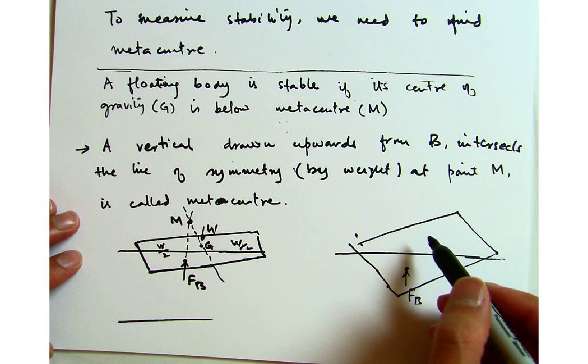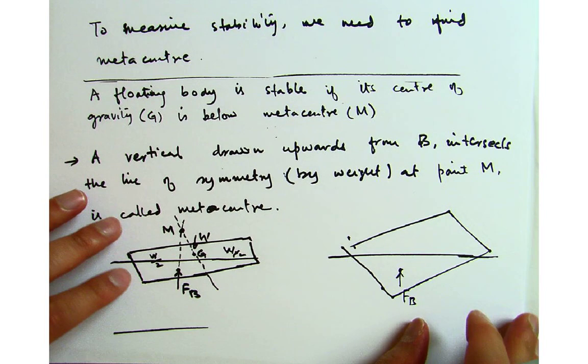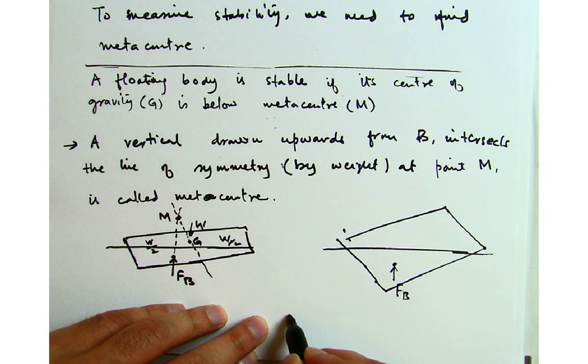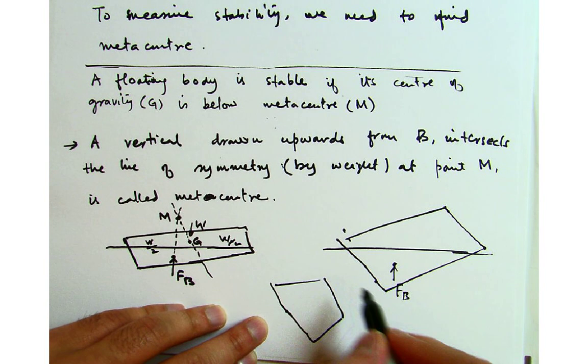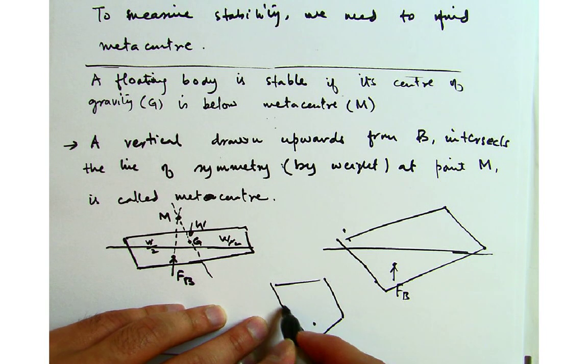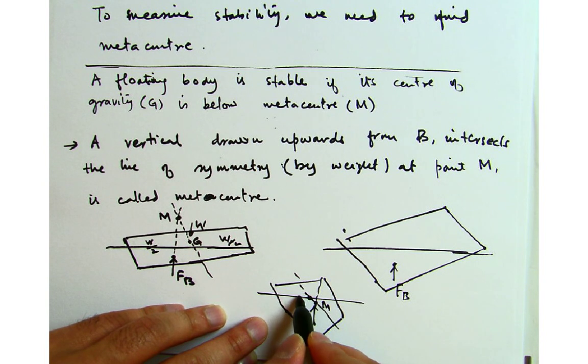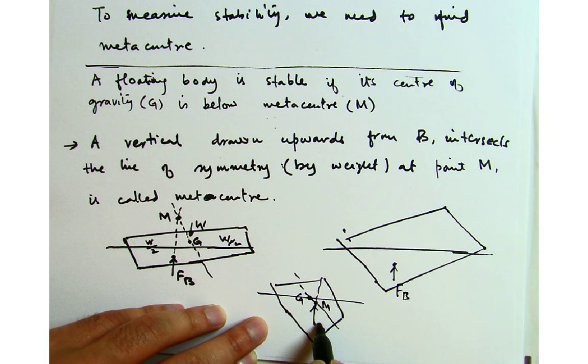Not the easiest of pictures to draw, but let's suppose that's the case. Your buoyancy force is acting upwards in this direction, the weight is somewhere over here. Where these two intersect, that's where your metacenter is, and it is below your center of gravity, and this is your point B.